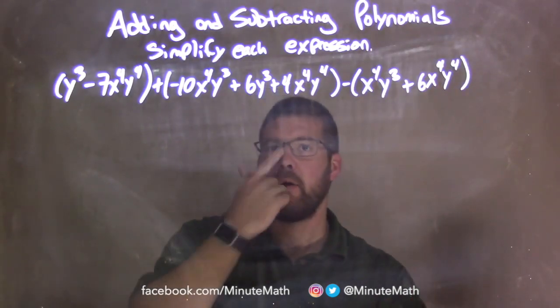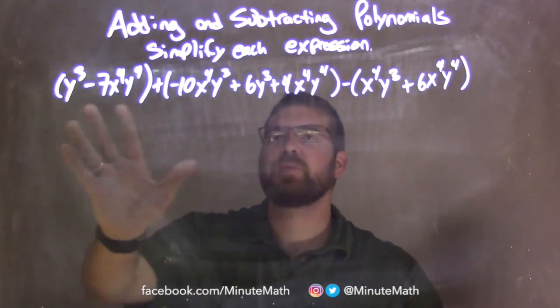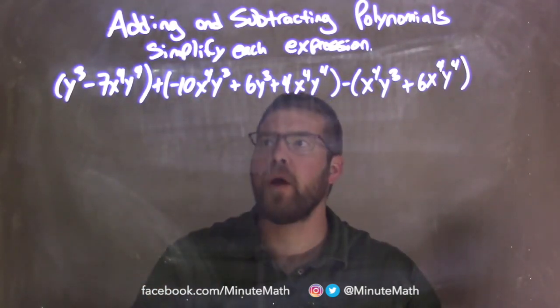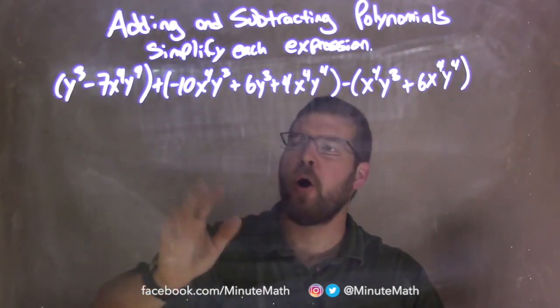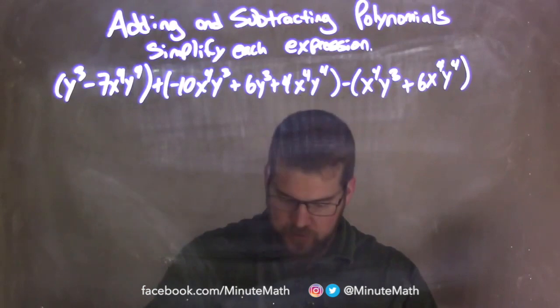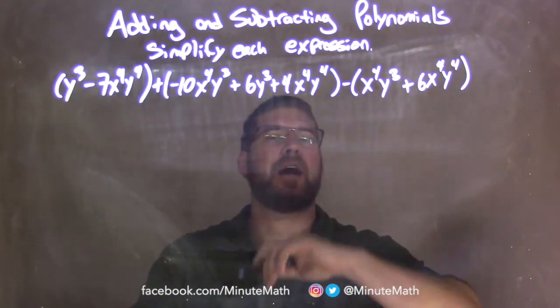Okay? Well, what I'm going to do now is, within each parenthesis, can we simplify? No. But now I'm going to rewrite this, making all my subtractions be adding a negative, and I'm going to distribute this subtraction sign across.